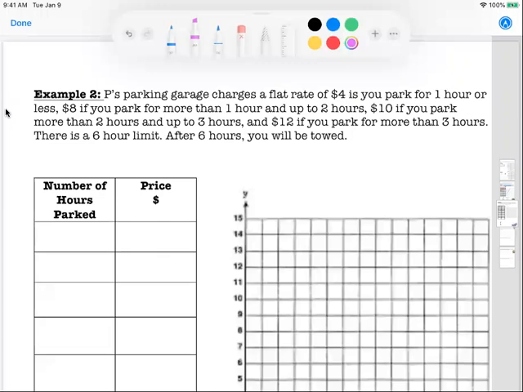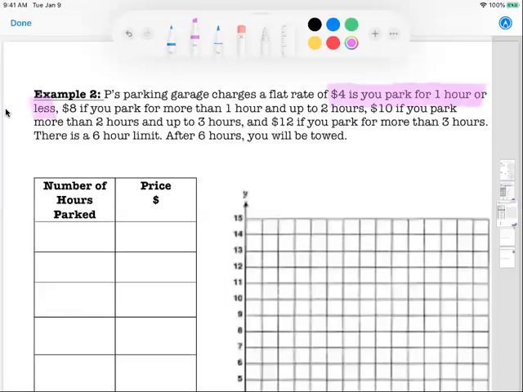All right, so I'm going to highlight that. That's my first part. So $4 if you park for 1 hour or less. Now note, it doesn't say per. So although x is going to be my number of hours parked and y will be the price, we have a flat rate here.